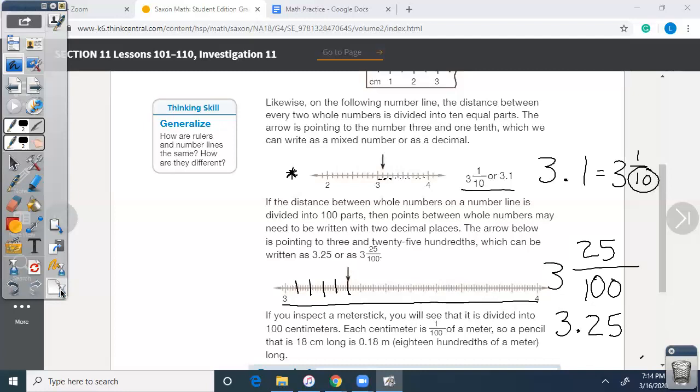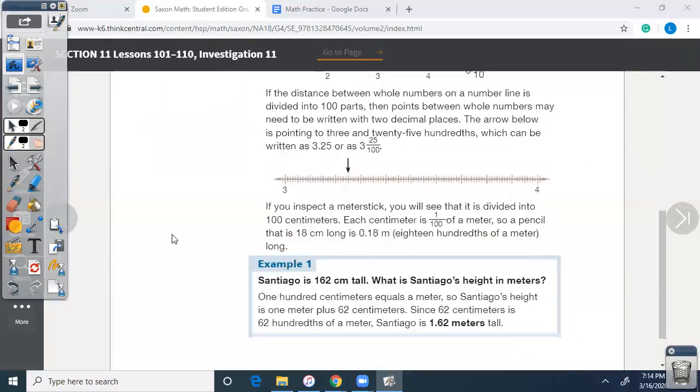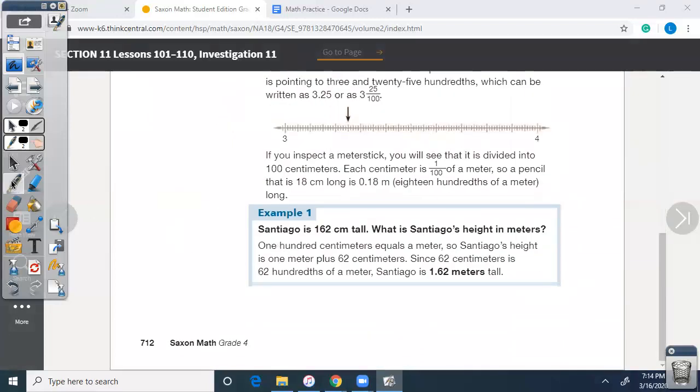All right, now we're going to go down to example 1. This is what I was talking about with meters. Santiago is 162 centimeters tall. What is Santiago's height in meters? So remember, we have like our decimal right here. If we're going from centimeters to meters, 1 meter equals 100 centimeters.